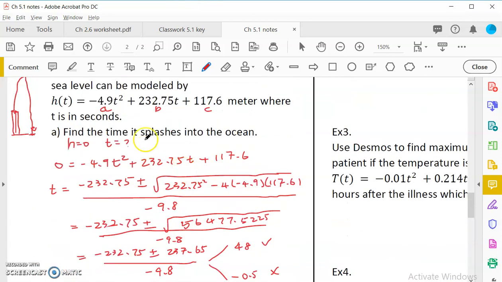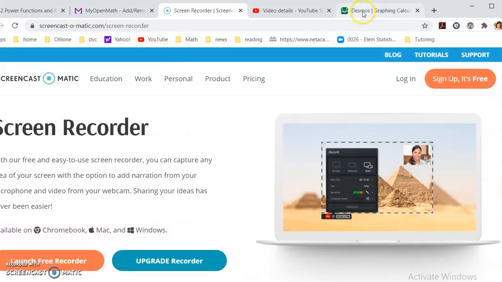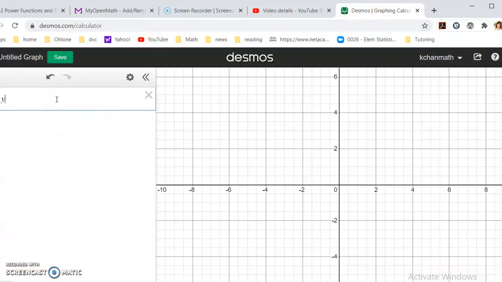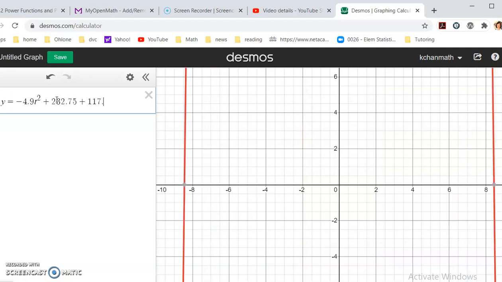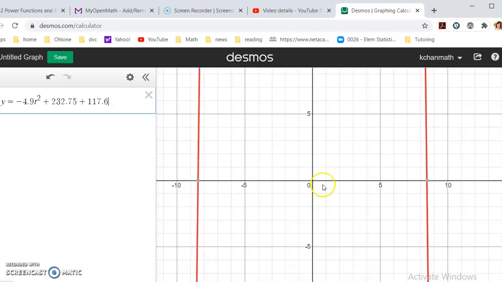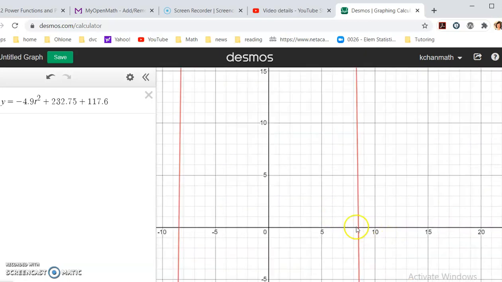You can check the answer this way. If you want to make sure that your calculation is correct, what you can do is go to Desmos and enter negative 4.9 t squared plus 232.75 t plus 117.6. I forgot a t, no wonder.